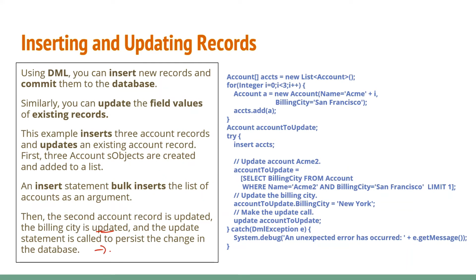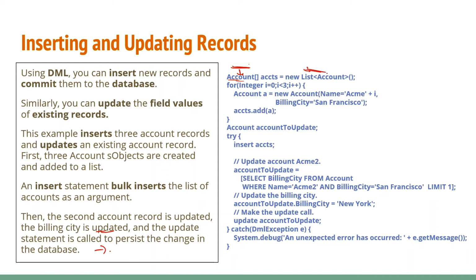So the whole gist of the story is we can insert a particular account record, or multiple account records using a list, and then we can update whichever records we want. For example, this is a list of Account, like an array of lists. List<Account> accts = new List<Account>. You can define it like this.